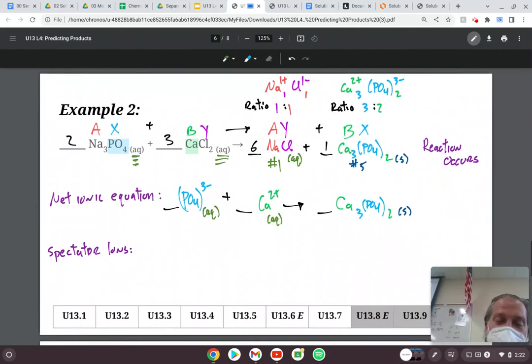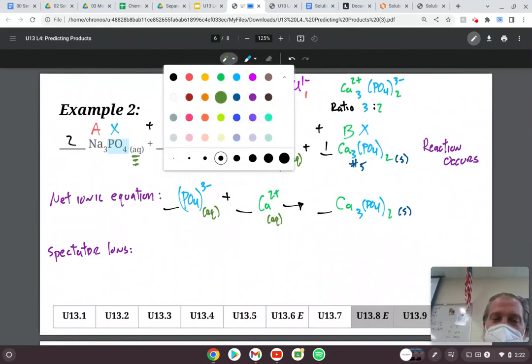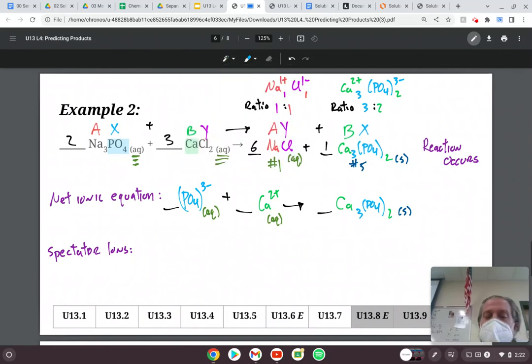So now I have to go back and do some balancing. And going from left to right, the PO4 on the left-hand side, the reactant side, there's only one of them. And on the product side, there's two of them. So I'm going to need a coefficient of 2 here. Calcium on the left-hand side, the reactant side, there's only one of them. And on the product side, there's three of them. So I need to put a coefficient of 3 here.